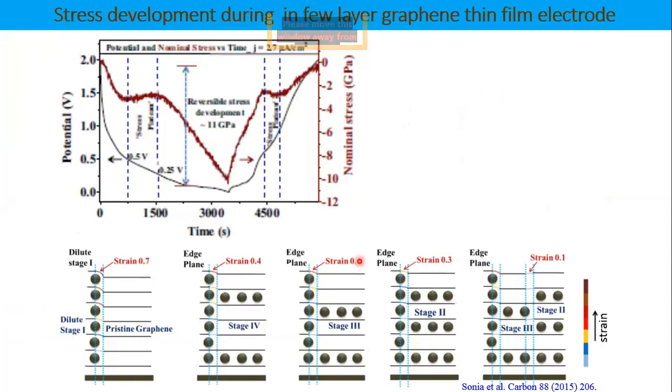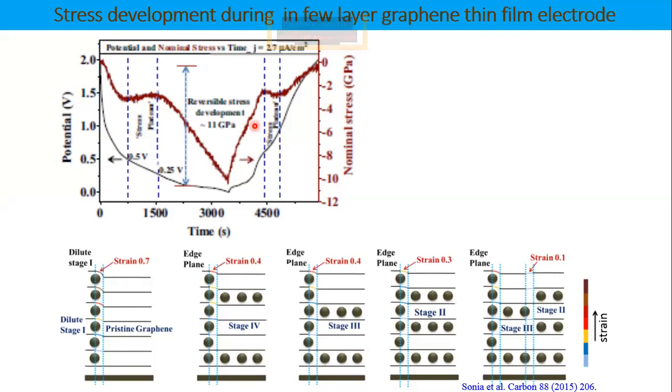Now we come to the example of stress development in graphitic or few-layer graphene. My colleague Farzana did excellent work on few-layer graphene and measured stress. She found that in graphene where the number of layers was below around 10, a reversible stress of 11 GPa got built up in these graphene layers.